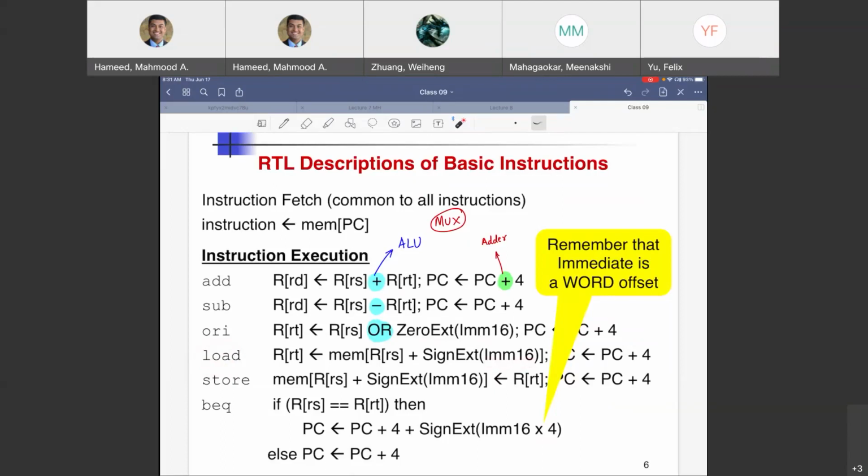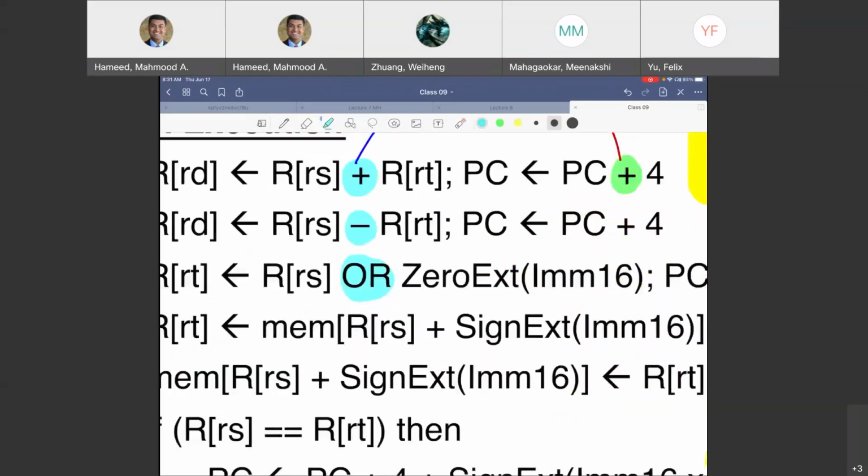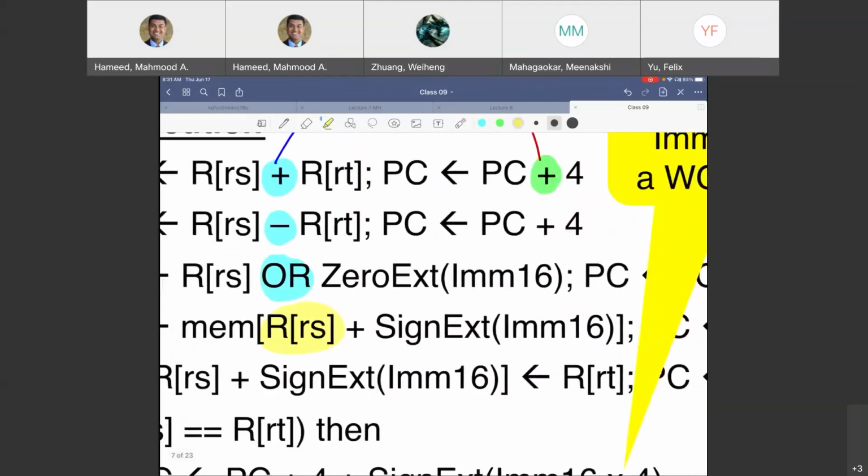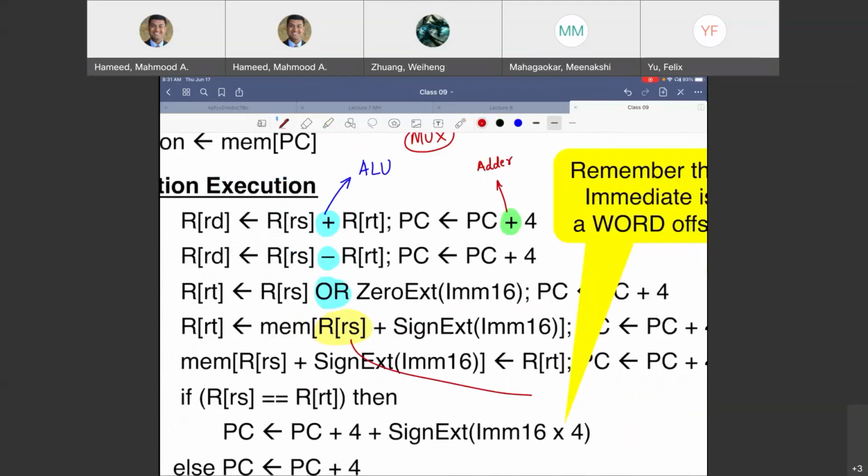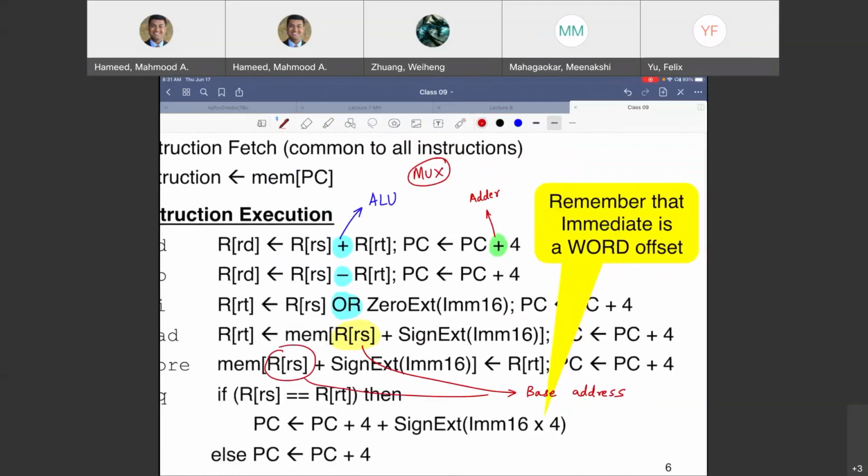That's your 16-bit immediate. Now the question is this, I need to take this guy. What is there in this? Can anybody help me find out what is there in this? Base address. So the base address goes in the register, and this guy is also the base address. So the base address is going in RS, but the offset address needs to be sign extended.